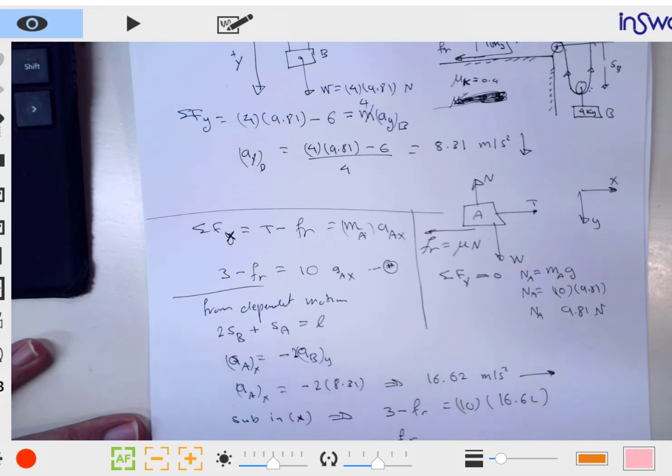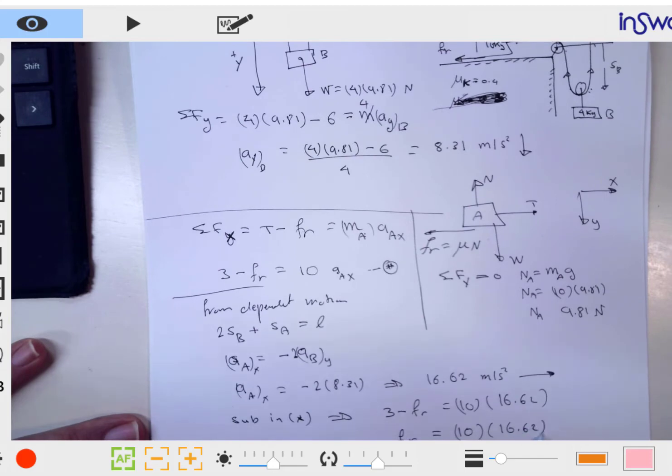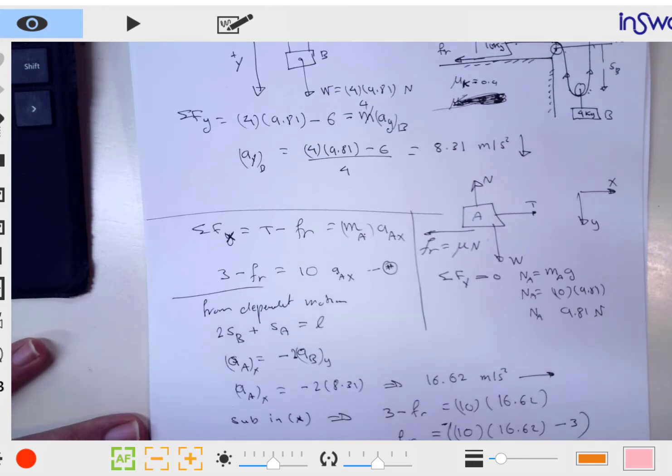So Fr equals 10 times 16.62 minus 3, all negative, right? So it's 166, and this becomes 162 negative Fr.